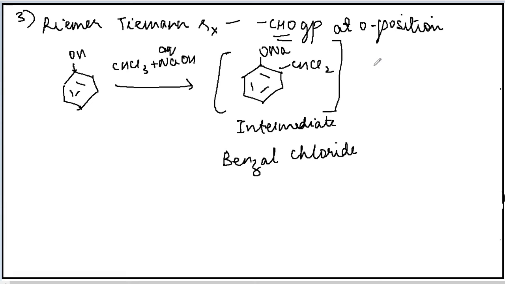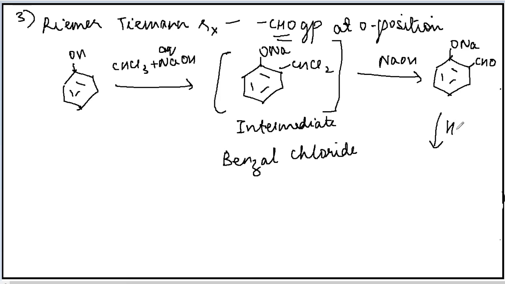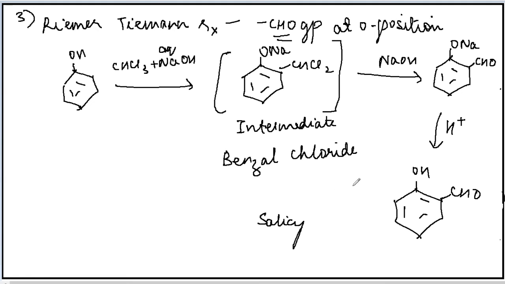Now this intermediate is further treated with sodium hydroxide, and in the last step it undergoes acidification. As a result of this, you finally get your product. This is called salicylaldehyde.